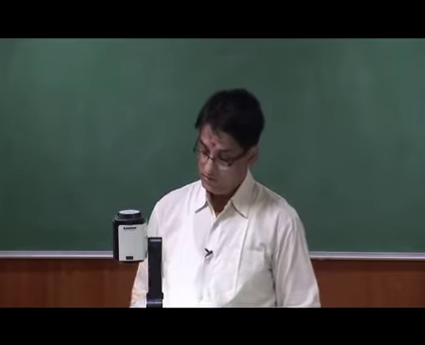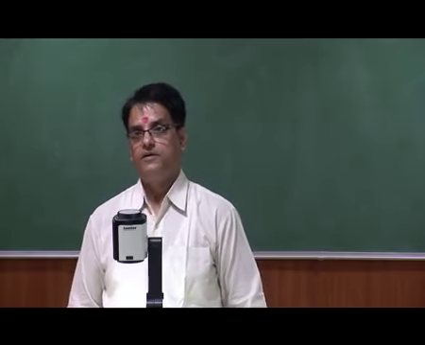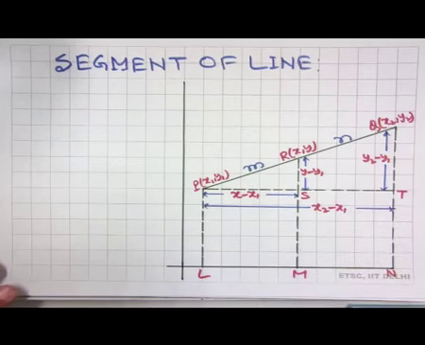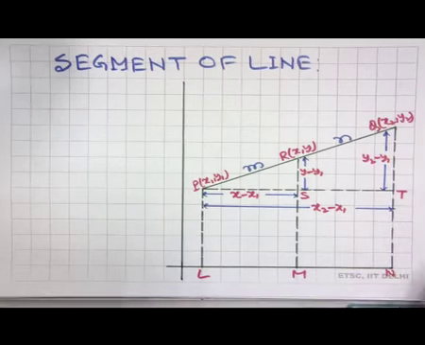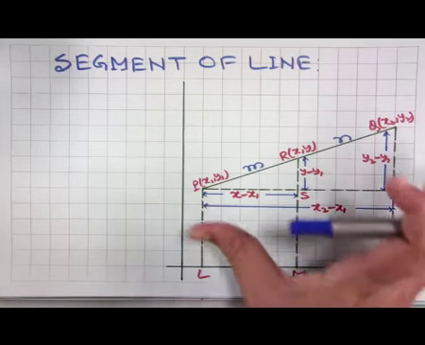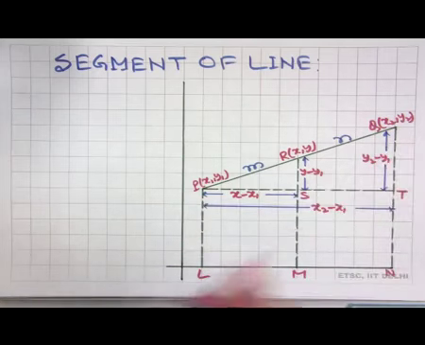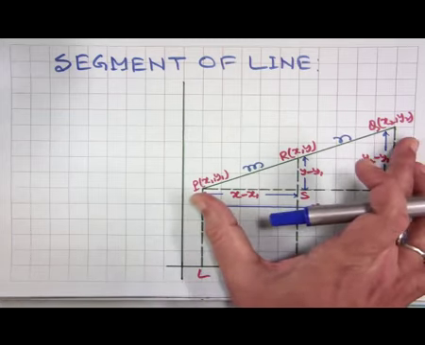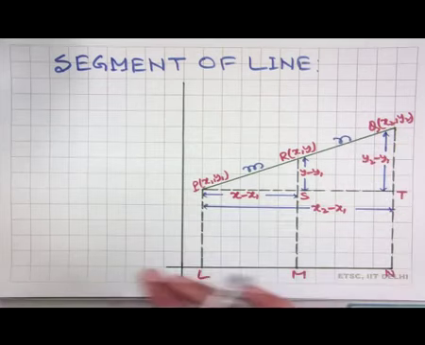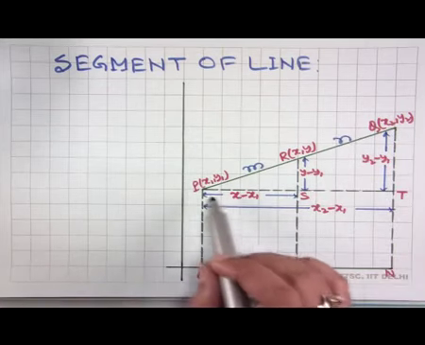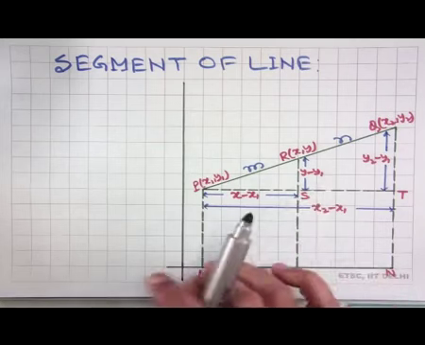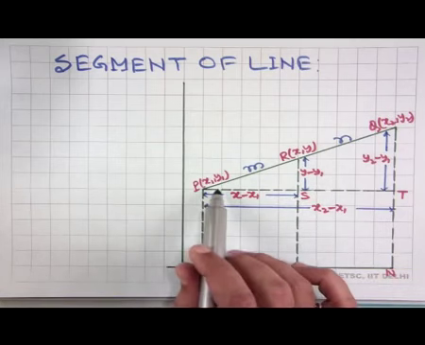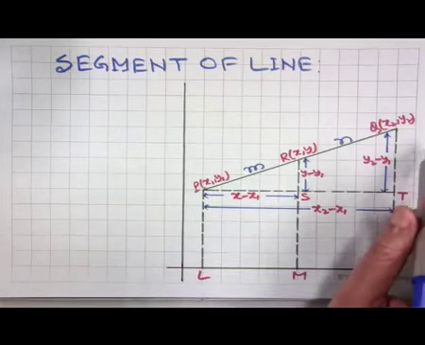Now very important, section of a line. A line segment is given, that is PQ, join of PQ. The coordinates of this PQ are given as P (x1, y1) and Q (x2, y2).